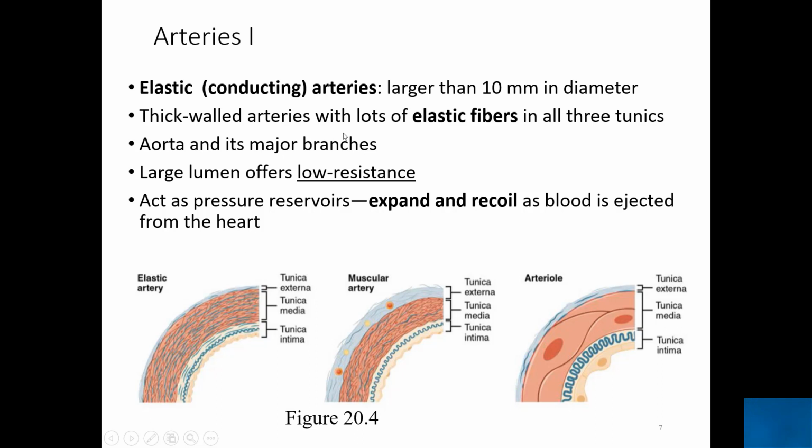So major branches of aorta would be elastic arteries. Large lumen, and it offers low resistance. It means such a large opening right here provides less resistance to the blood flow. And they act as pressure reservoirs. They can expand and recoil as blood is ejected from the heart.